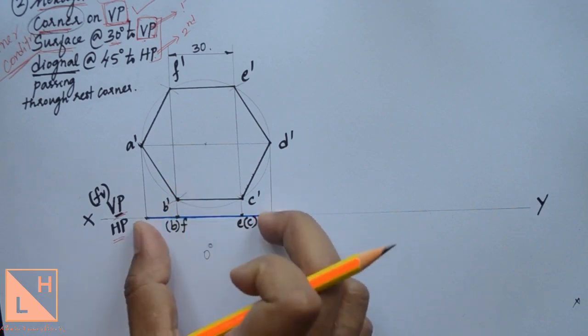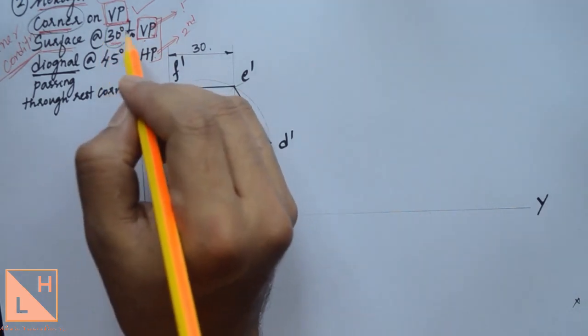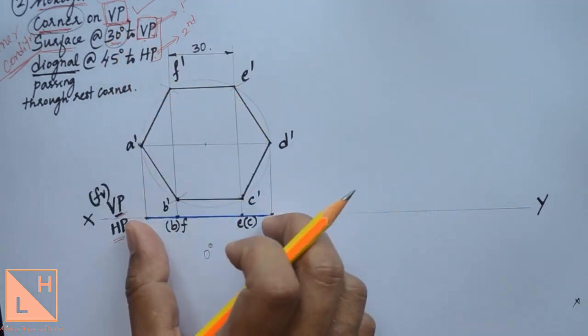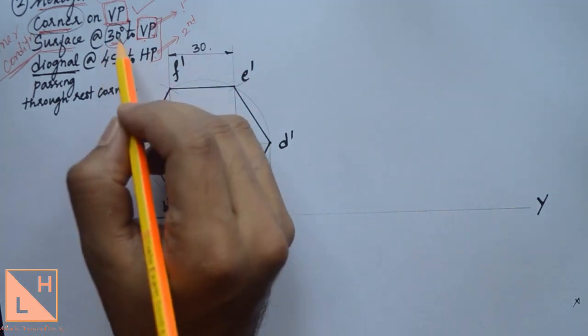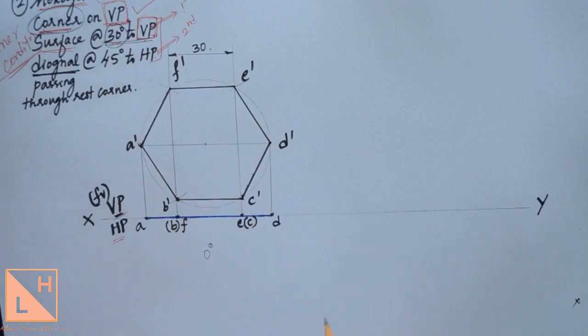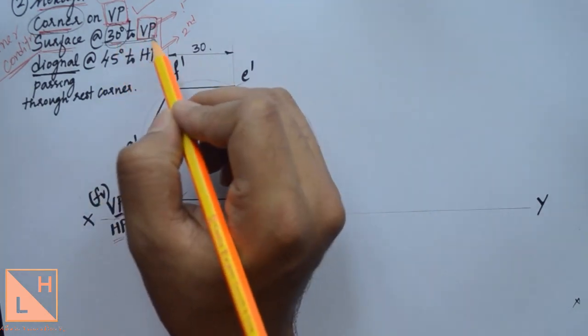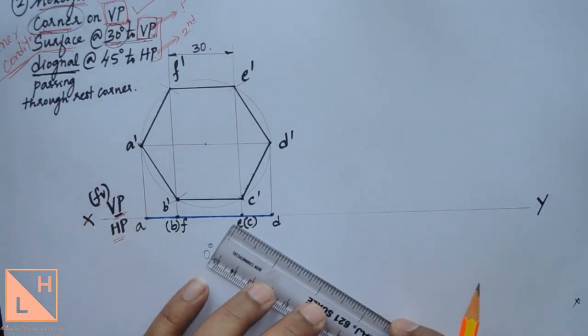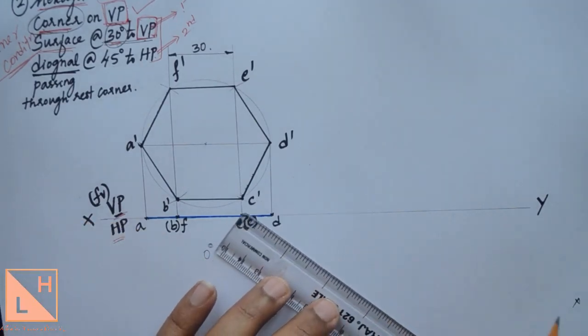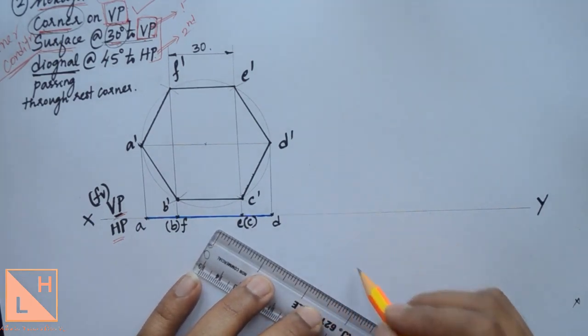I need to incline this at an angle of 30 degrees so that the lamina looks 30 degrees on HP, which means that it is actually inclined at 30 degrees to VP. Remember, the angle given to VP, you draw it on HP because it is visible on HP, which you might have learnt in the basics of the four quadrants. So here you need to draw a 30 degree line.